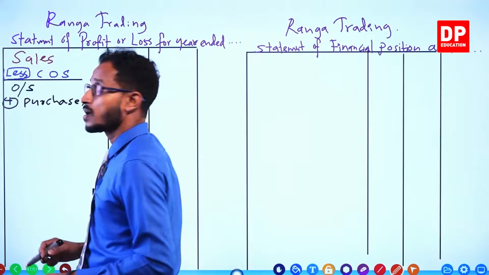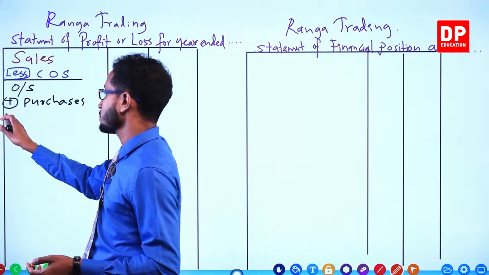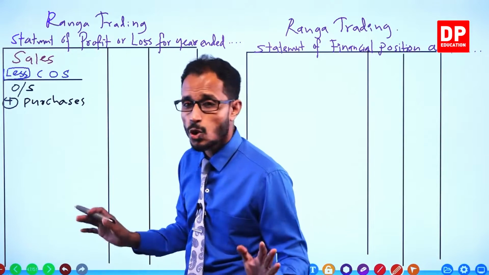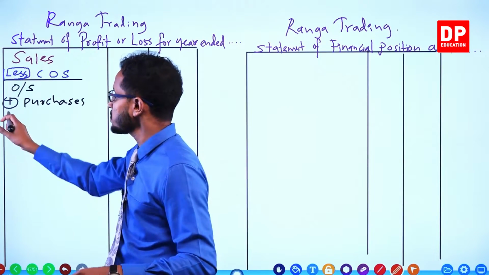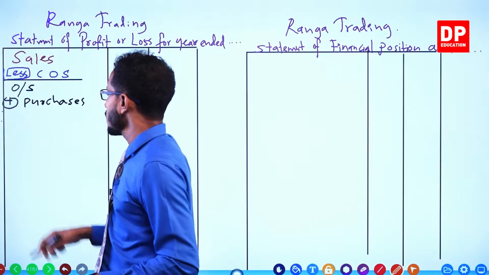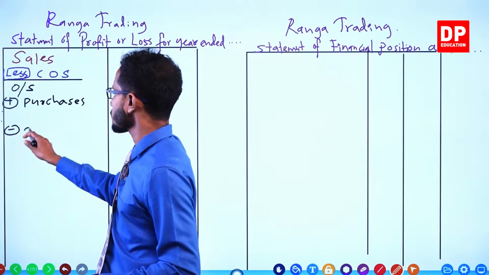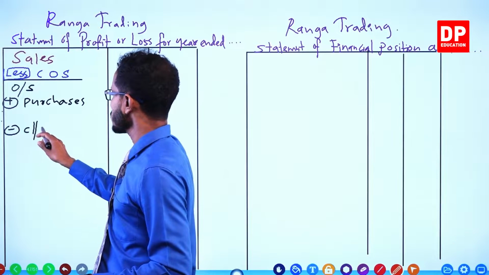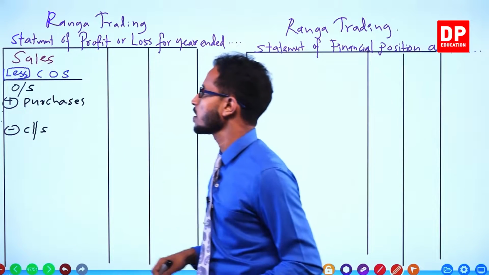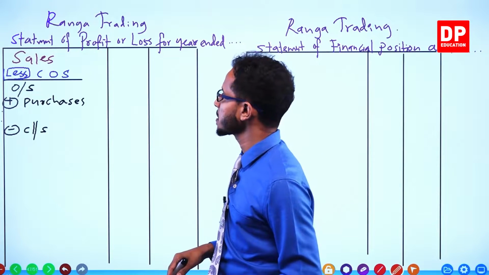Then if you have carriage inwards, loading expenses, unloading expenses, keep some space here, and minus the last item, closing stock. Got it?